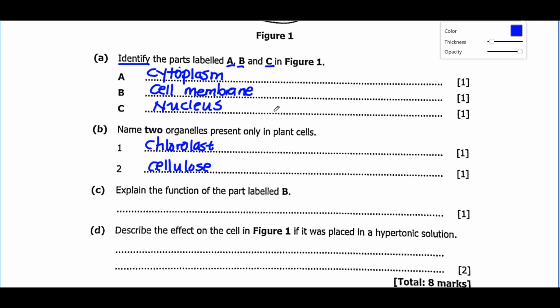Now we move on to question C. We just want to explain the function of the part labeled B. So what is B? B is cell membrane. The cell membrane is the outer part of an animal cell. It acts as a guard or a security, which simply means that it selects what to enter. It also selects what to leave the cell, because some materials may be harmful to the cell.